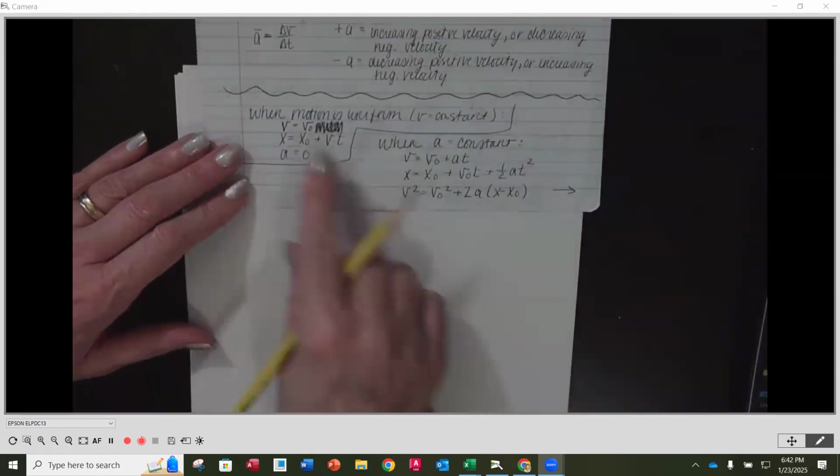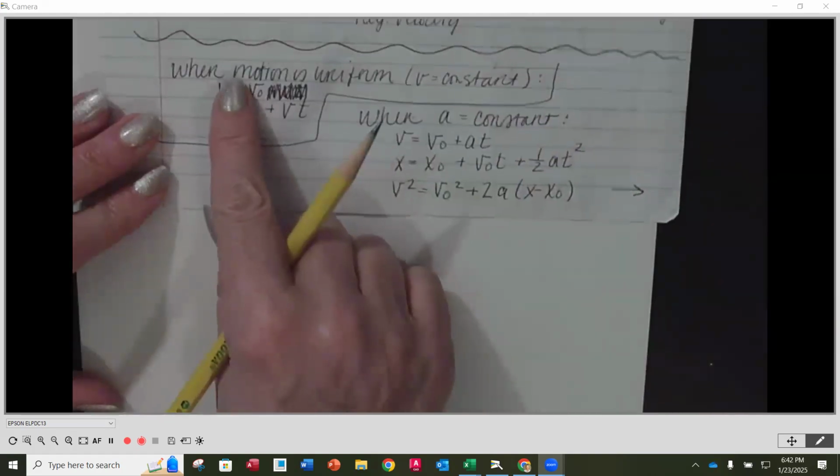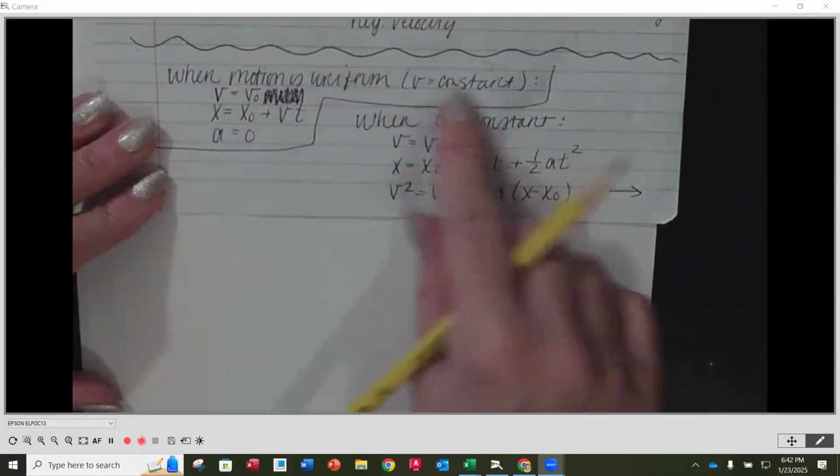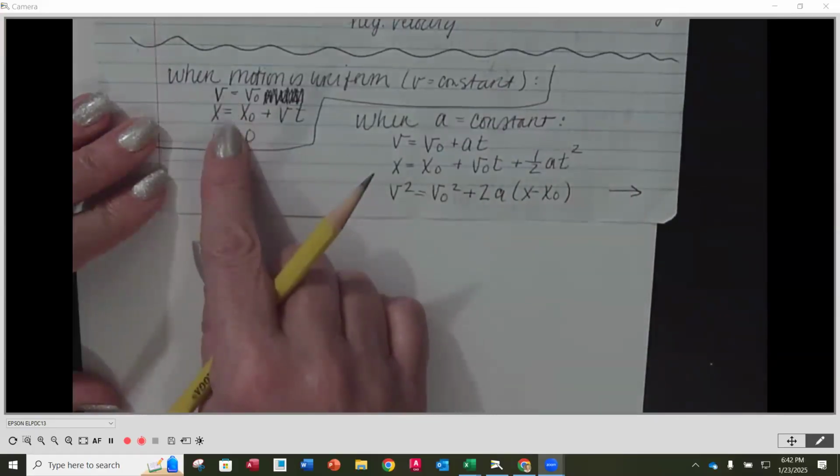So because of that, we are then going to, where's my, I lost my equation sheet. Oh, here it is. So because of that, we are going to use, and again, I have my uniform motion, V is constant. These are the 3 equations here.